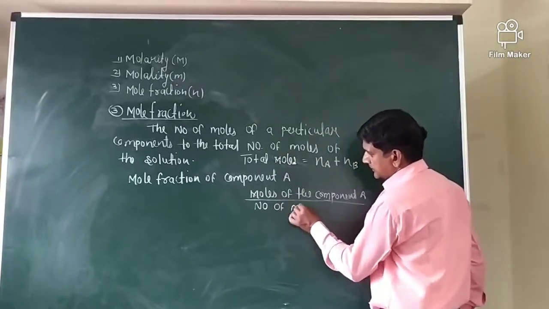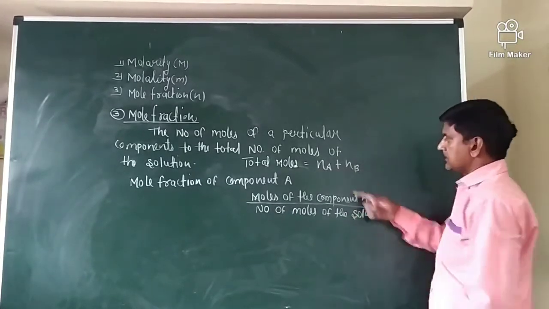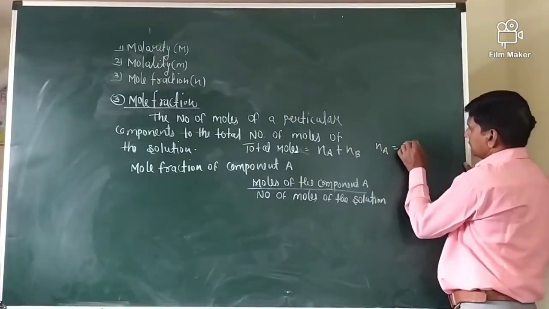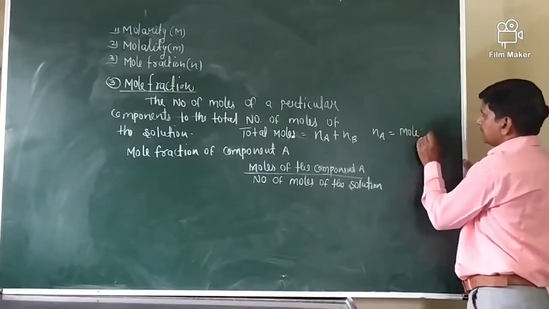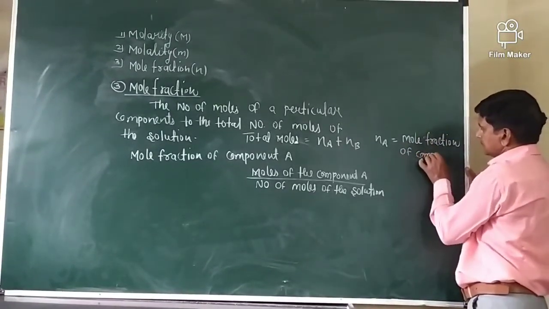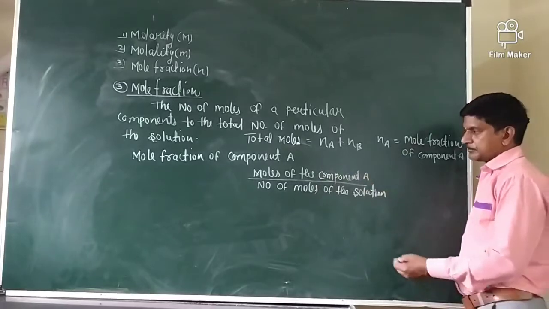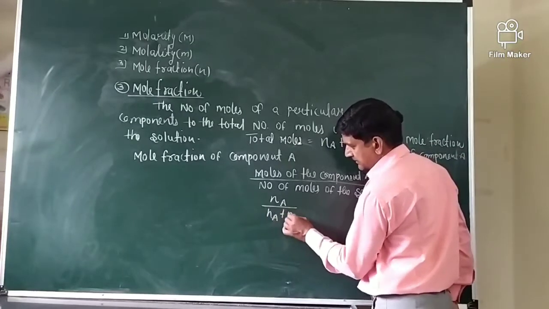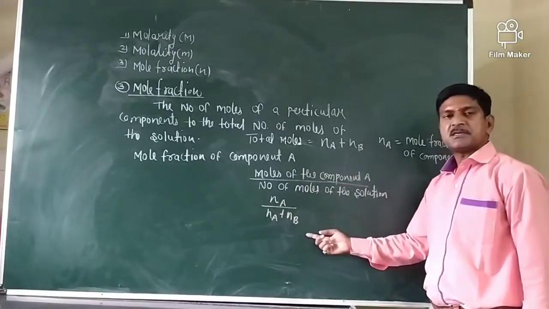Na is the moles of component A, and Nb is the moles of component B. So the mole fraction of component A is Na upon Na plus Nb.